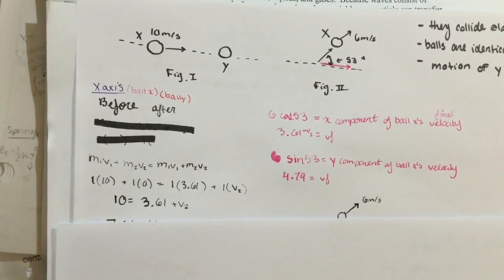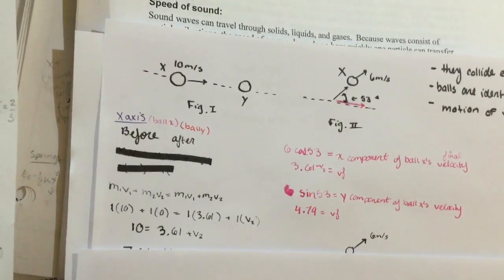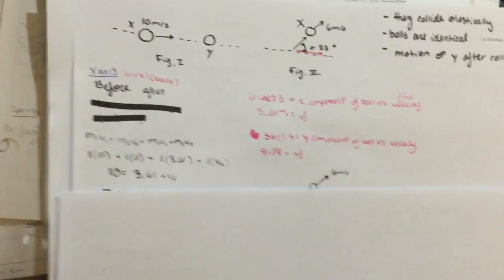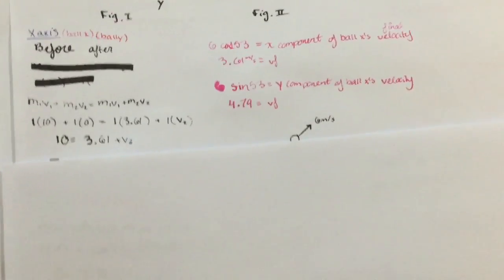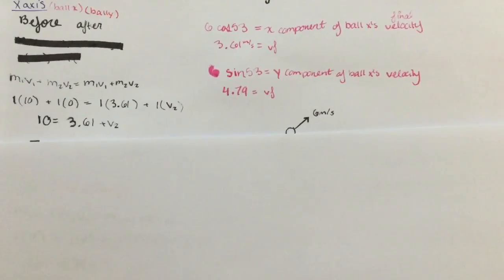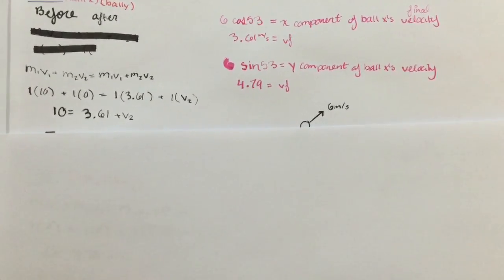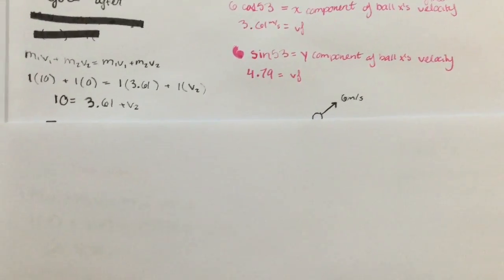momentum formula. So the mass of ball 1 times its velocity plus the mass of ball 2 times its velocity equals the same thing after. So 10 plus 3.16 equals 3.61 plus v2, and v2 is the velocity of ball y.